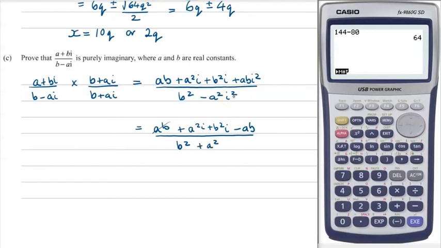Now here's the key part. ab there cancels with minus ab there, which means we get a squared plus b squared i over b squared plus a squared. So there's no real part.